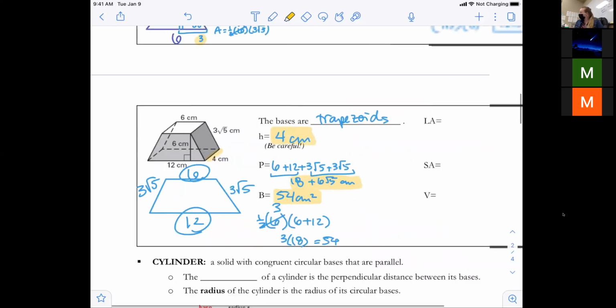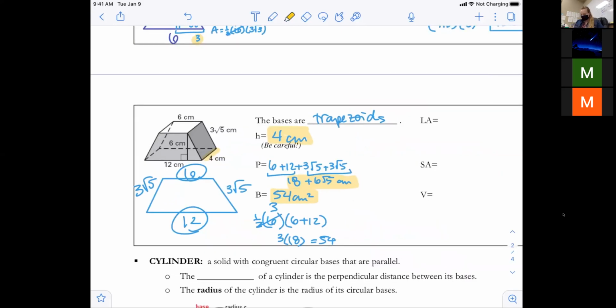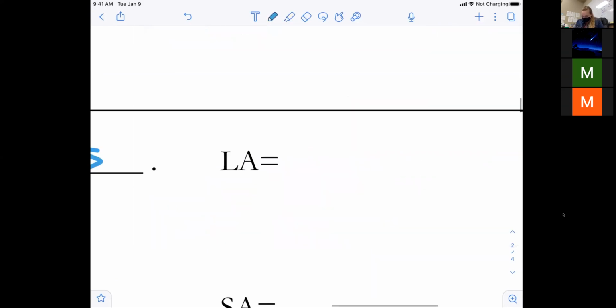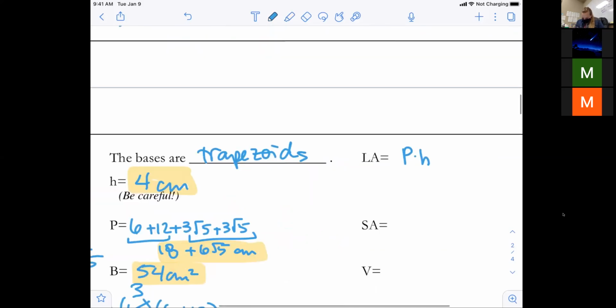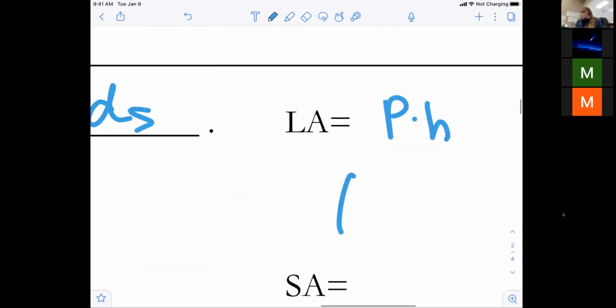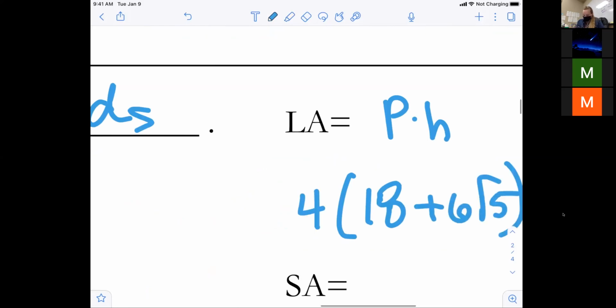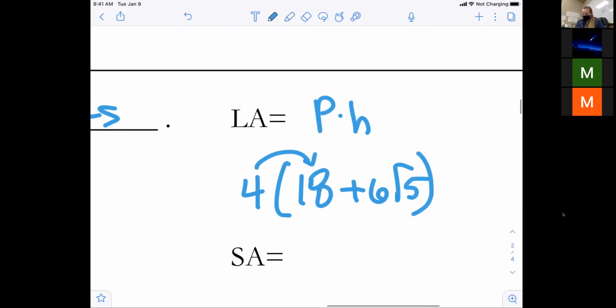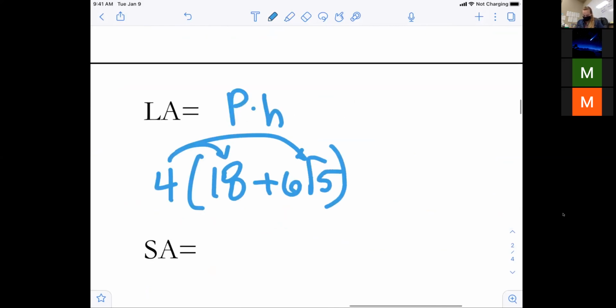Okay, now we're going to do LA, SA, and V. I'm going to kind of rush through those a little quickly. So LA, remember, is PH. So P was 18 plus 6 root 5. And then H was 4. So we got to distribute 4 to 18 and 6 root 5. 18 times 4 is 72, I believe. Let me double check. Oh, shoot.